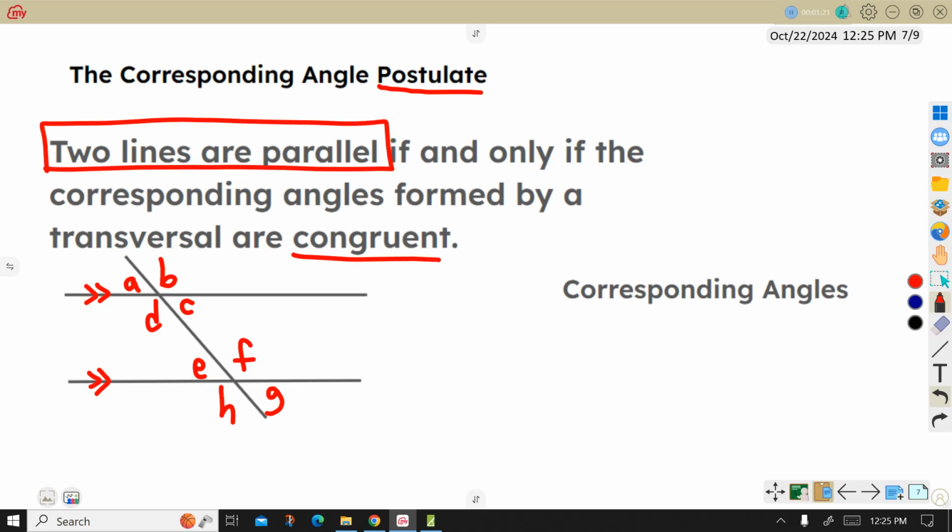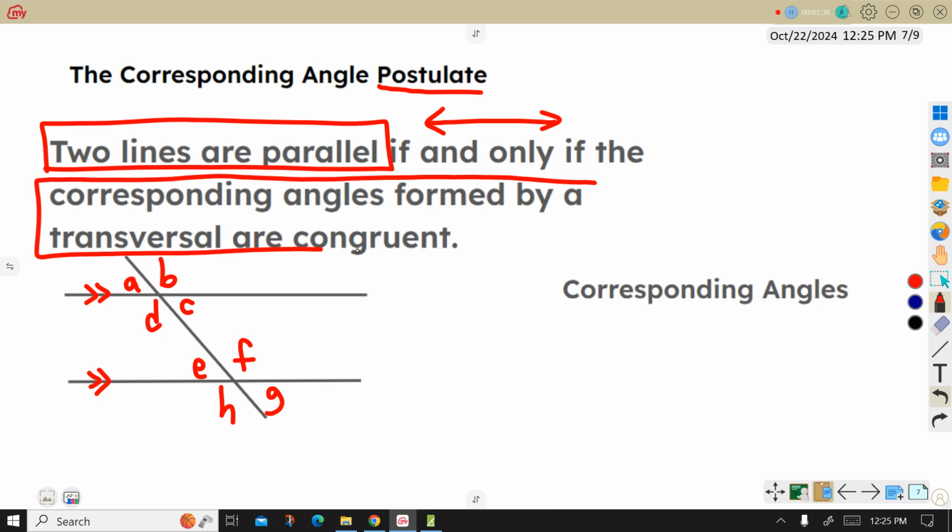Okay, if and only if. So what that means is that this is a two-way street. If they're parallel, then that means that the corresponding angles formed by the transversal have to be congruent. So if this is true, the thing in the first box, then this thing in the second box also has to be true. So it works this way, right? If this thing is true, then this is true.